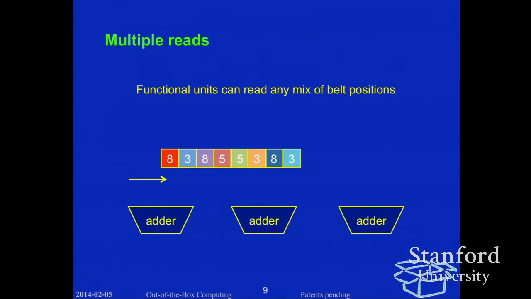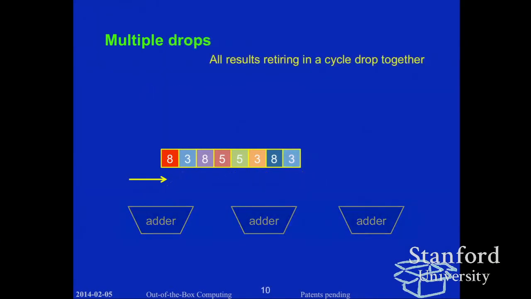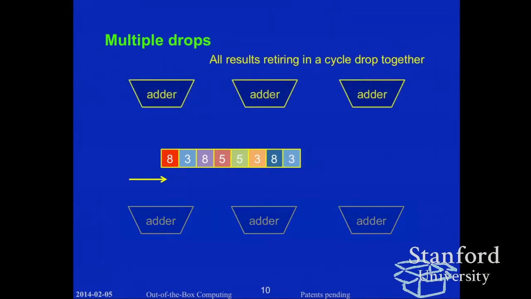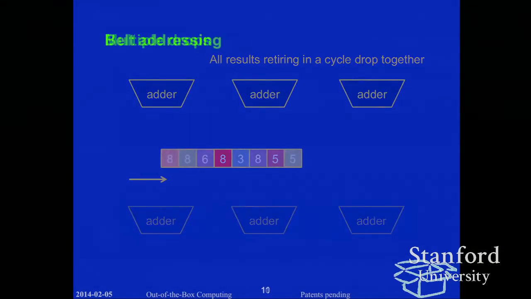So in this case, you can have 3 different functional units, which will be independently grabbing values off of the belt. And in due course, when those functional units are ready to retire a result, all of their results drop onto the front of the belt and push corresponding numbers of operations off the back.